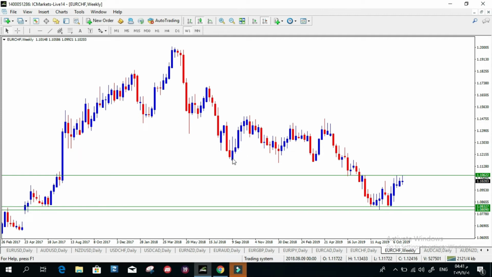And then we have this area that supported the price 3 times in a row. And acted as a resistance over here. And then we have those highs, those lows.